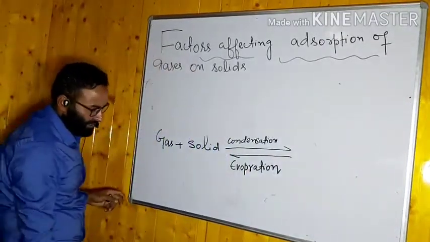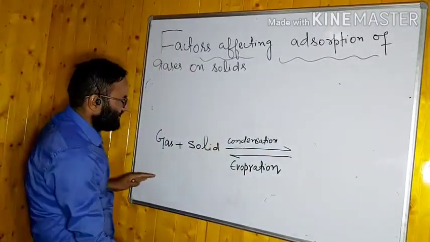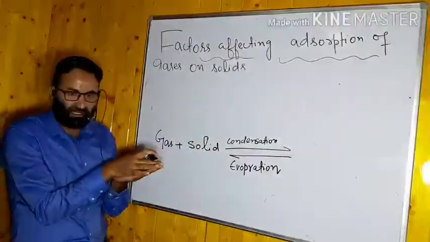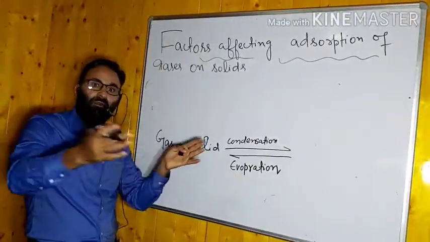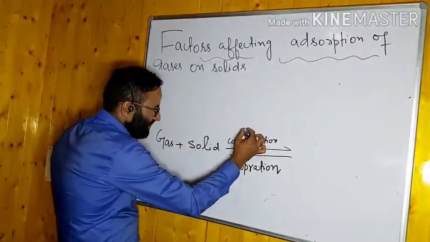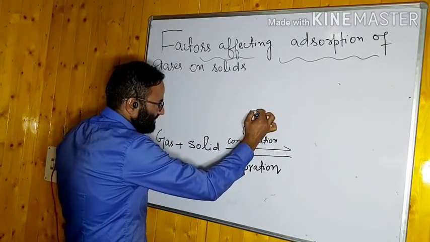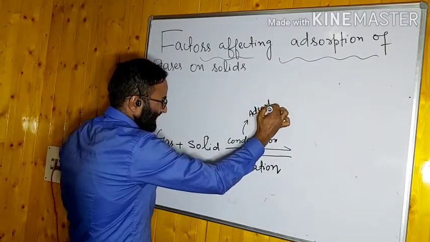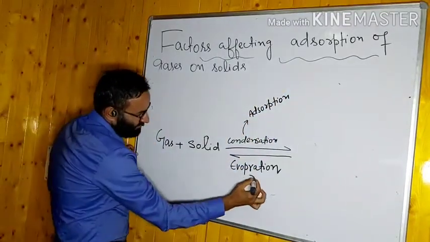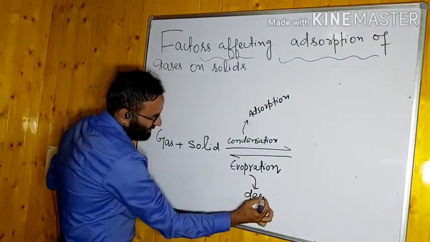The first process, condensation, is when the gas molecules come and concentrate on the surface. And evaporation is when they go apart from each other. You have to remember the other names: condensation is actually adsorption, and evaporation is desorption.